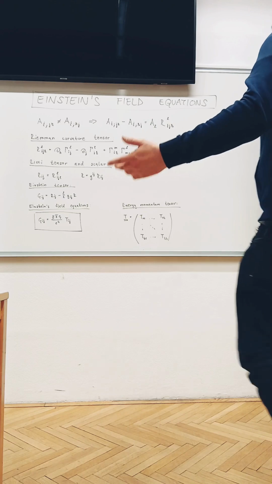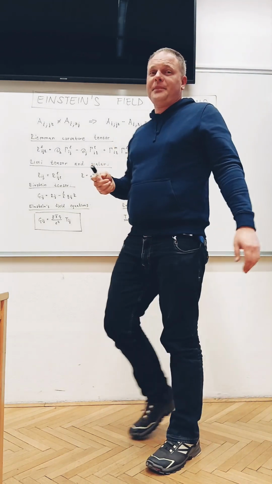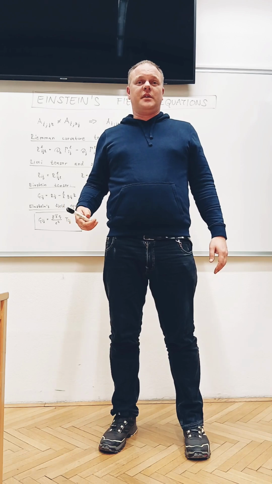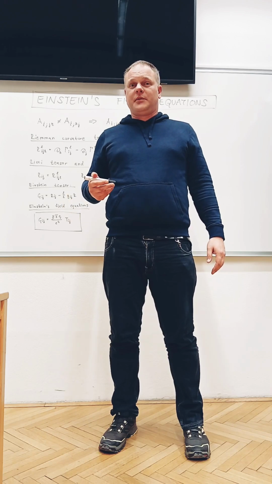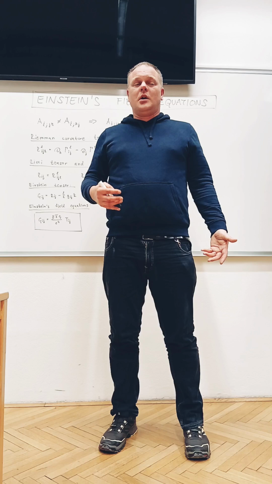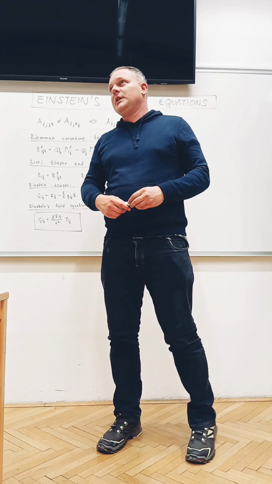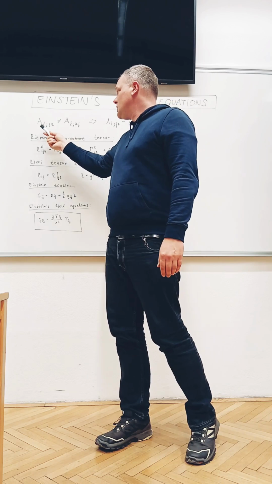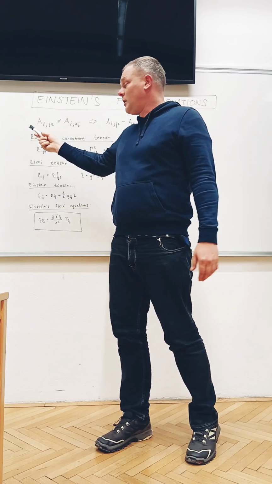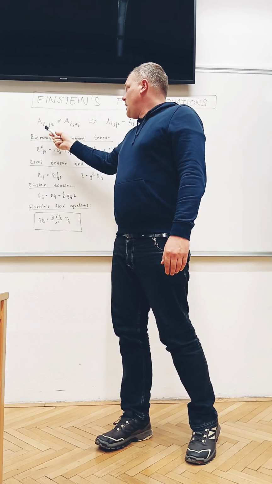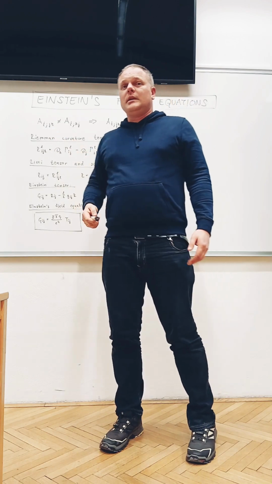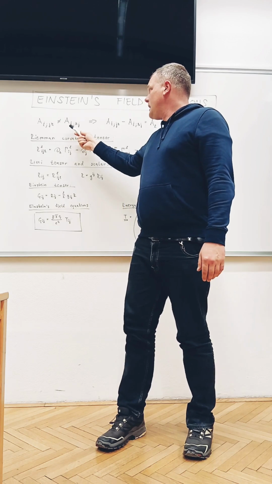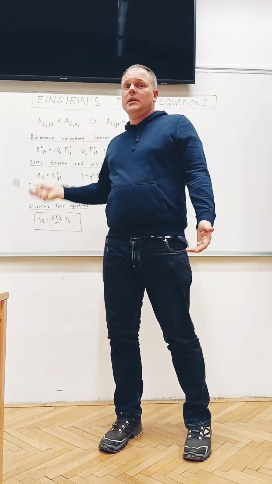So here we have Einstein's field equations, and this lecture is actually a continuation of the lectures about Christoffel symbols, where we derived a vector in component form covariantly. And now, if we derive this vector another time covariantly with another index, which means that A_i;jk, that is double, and we can do also A_i;kj.